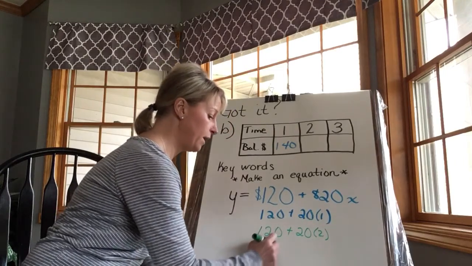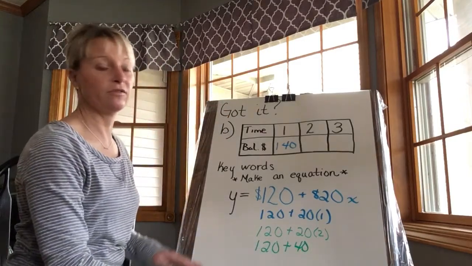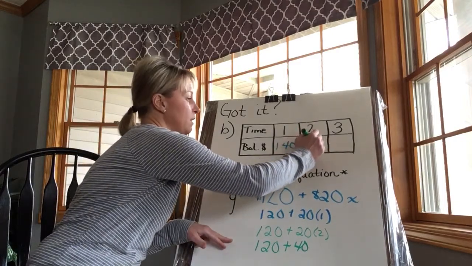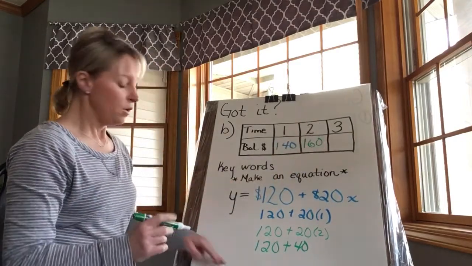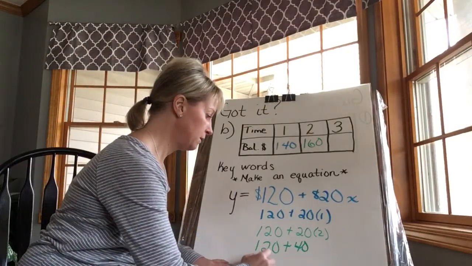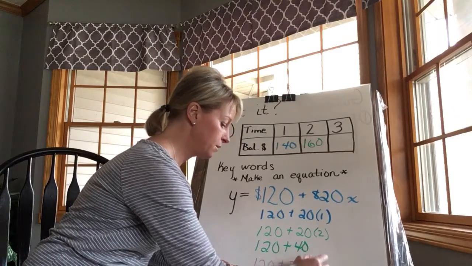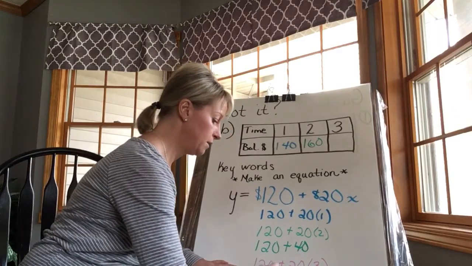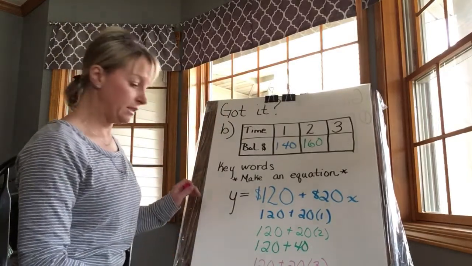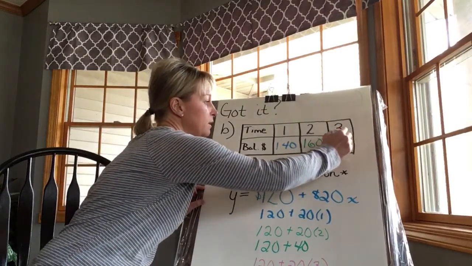So that's 120 plus 40, which is 160. Week 3, we have 120 plus 20 times 3. So that's 120 plus 60, which is 180.